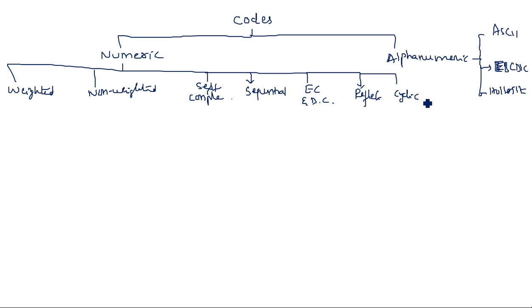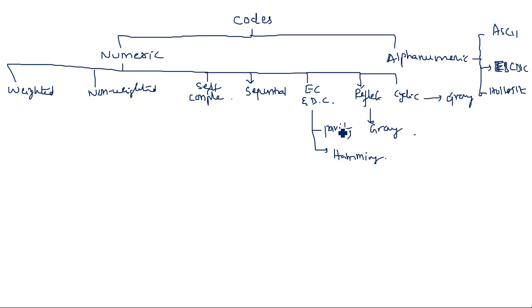And coming to cyclic code, I told you it is an example of gray code. Reflective code is also, I said, a gray code, mirror image code. And for error detecting and correcting, we are having two methods here: parity and Hamming. When you are studying digital communications, you can come across all these terms.